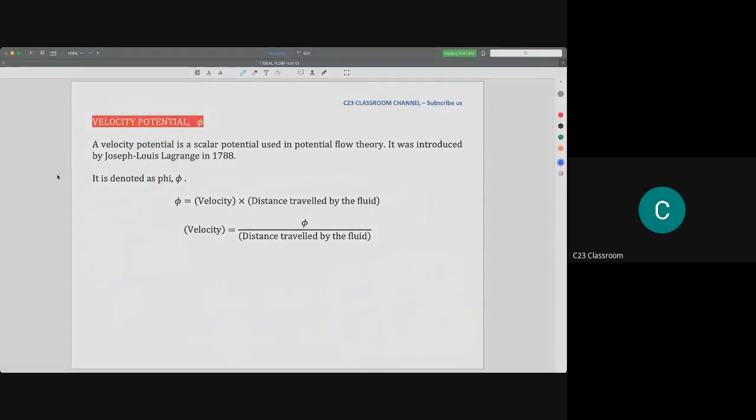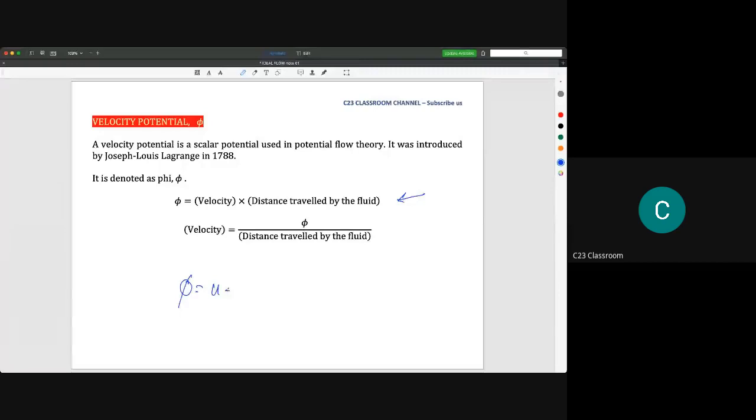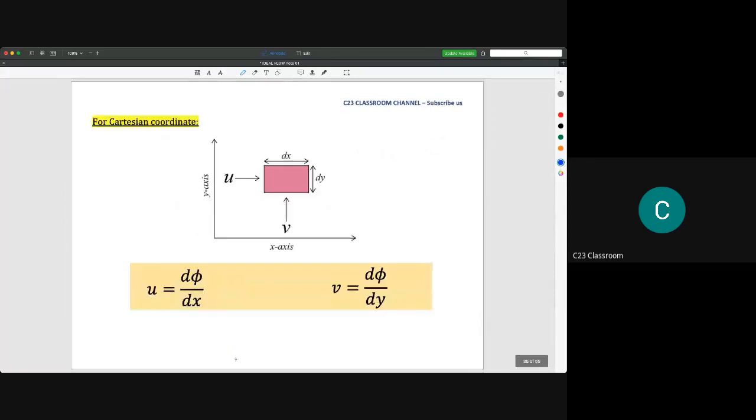But the most important thing is for you to remember this equation. Phi is the velocity times the distance traveled by the fluid. If you rearrange this, we have U equal to phi divided by L. Then in Cartesian coordinates, we do a simple evaluation. For U, we write d phi over dx, because dx is the distance traveled by the fluid.